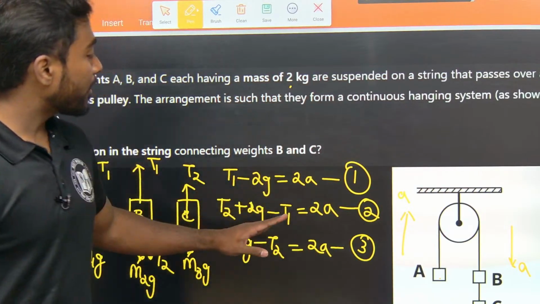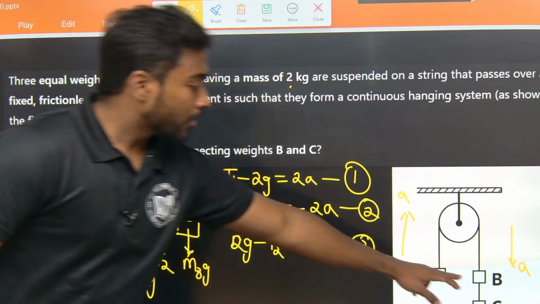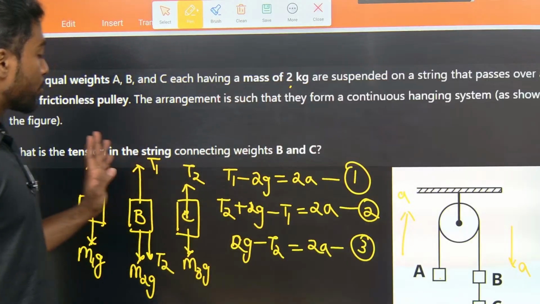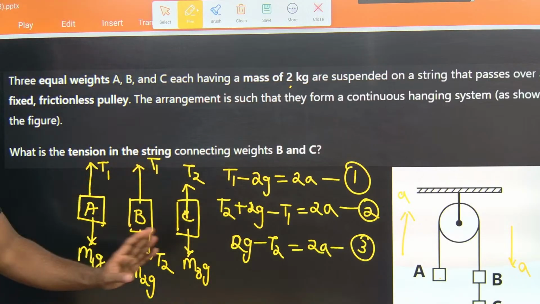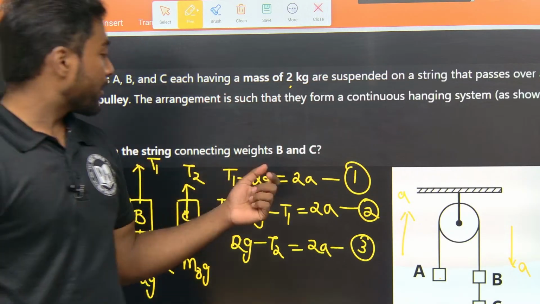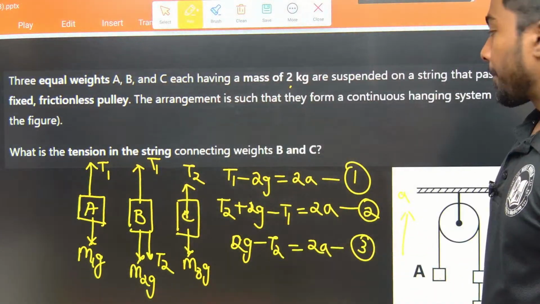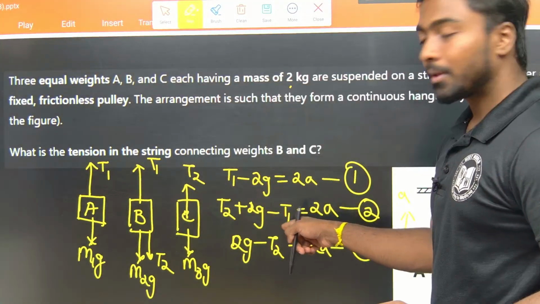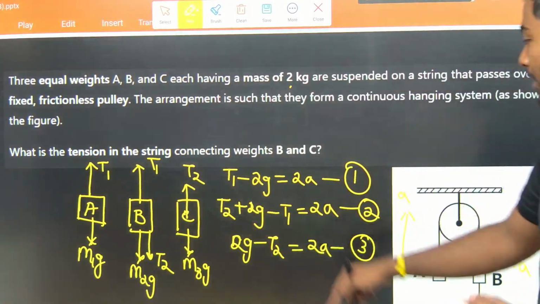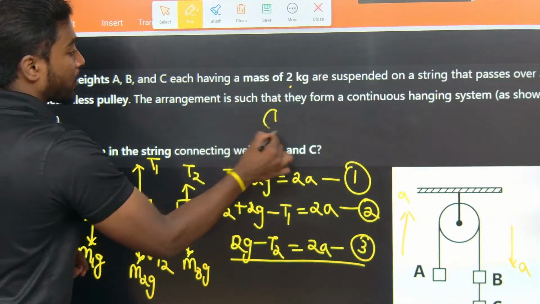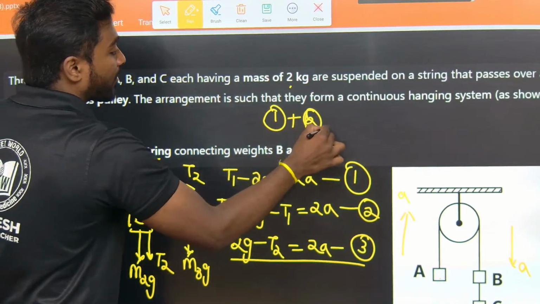I need to find the tension in between B and C, which means I need to find T2. So I need to eliminate some values and find some value. Here G I know is 10. But if I add T1, it will get cancelled, and T2 if I add, it will get cancelled. So can I add equation number 1 plus equation number 2 plus equation number 3?